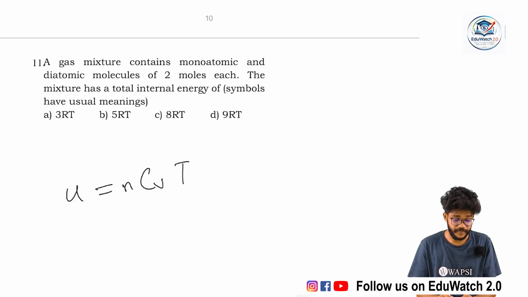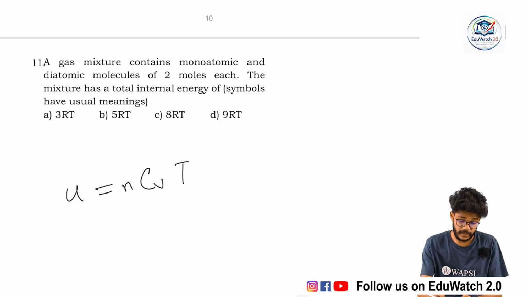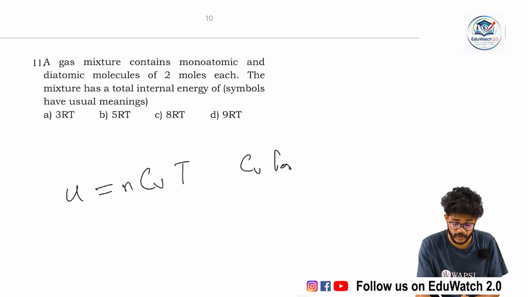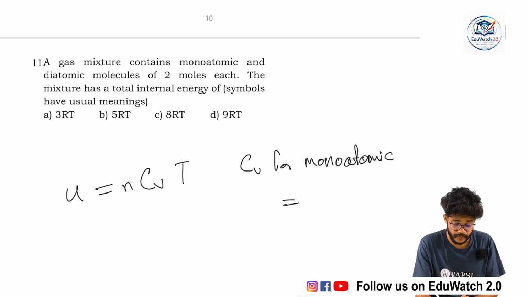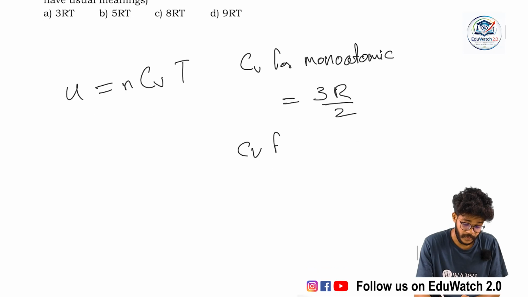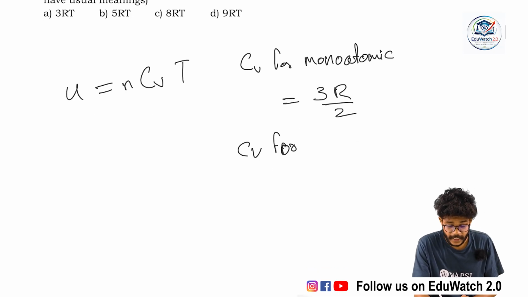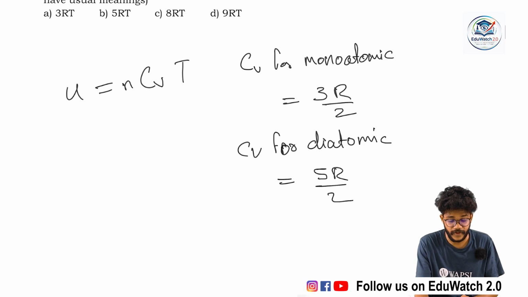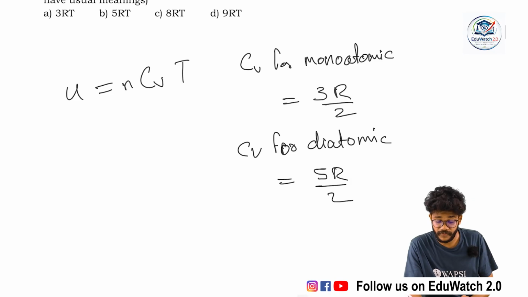What is Cv? Cv for monoatomic is 3R by 2 and Cv for diatomic is 5R by 2.